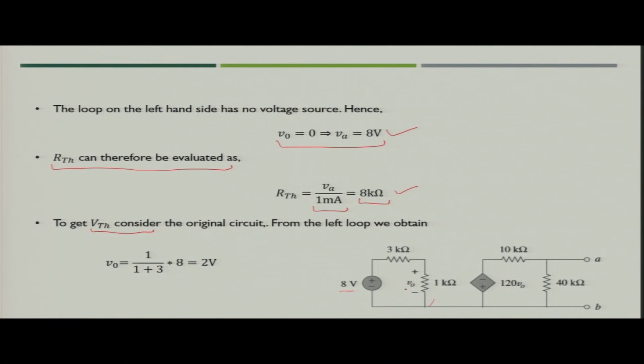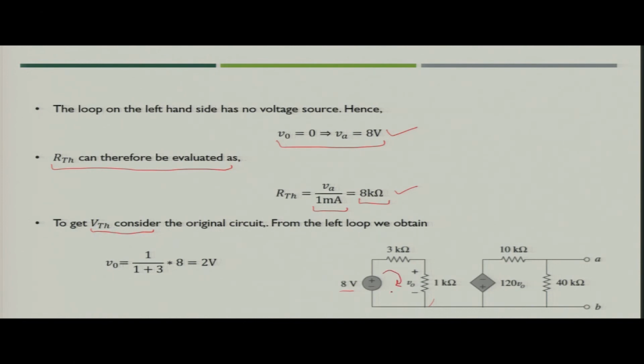So, finally, the voltage V naught which is across 1 kilo ohm would be 1 upon 1 plus 3 into the value 8 volt, or you can simply write the loop equation and simplify it. If you write the loop equation, you will get the value of current, and then you multiply the current with 1 kilo ohm, you get the value of V naught.